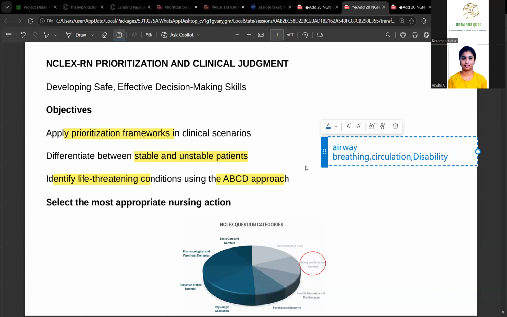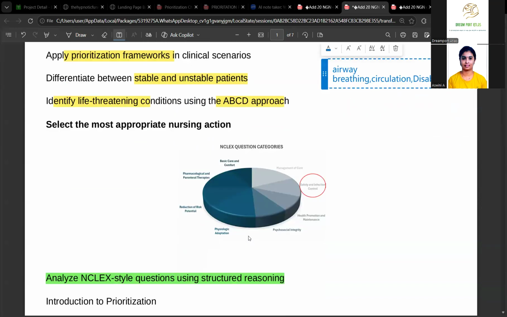So we know the NCLEX question categories and the main criteria. They will assess basic care and comfort, management of care, safety and infection control, health promotion and maintenance, psychosocial integrity, physiological adaptation, reduction of risk potential, pharmacological and parenteral therapy. These are the criteria they focus on in question analysis.